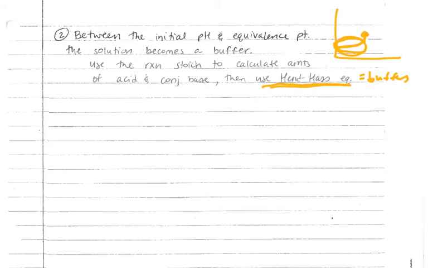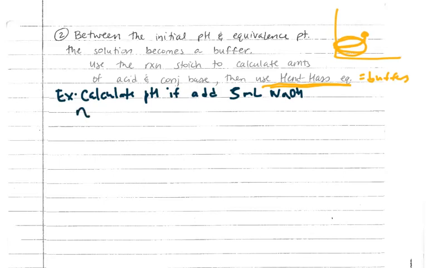So let's do an example. Let's calculate the pH if we add 5 milliliters of NaOH. We still need to know the moles of the acid and the base because we need to know the concentration of the acid and base for the Henderson-Hasselbalch equation.